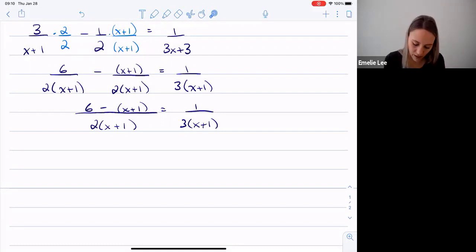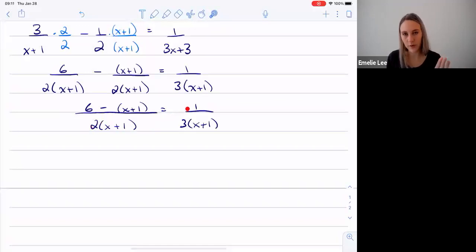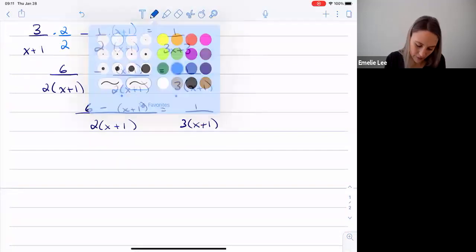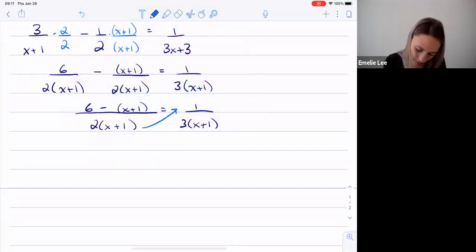And in fact, once I multiply this 2 times x plus 1 over to the right-hand side, which I can do because it's dividing on the left-hand side, so when I move it over, I have to multiply it. Then that's when I see this x plus 1 canceling with this x plus 1. Okay, so this guy can move up top.